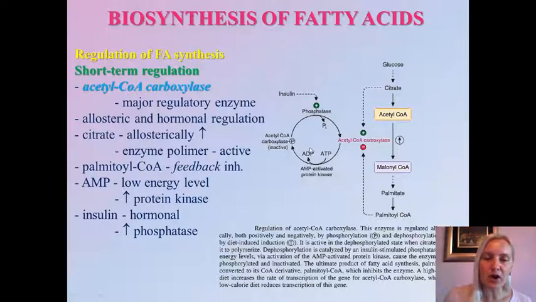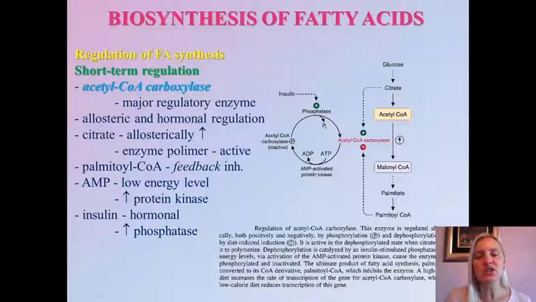Let's move further on. You know very well that AMP, adenosine monophosphate, accumulated in a cell is a signal of low energy level in a cell. There is an AMP-activated protein kinase which is responsible for phosphorylation of acetyl coenzyme A carboxylase, and the phosphorylated enzyme becomes inactive.